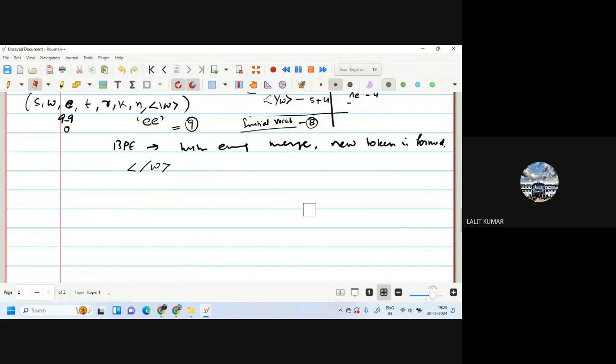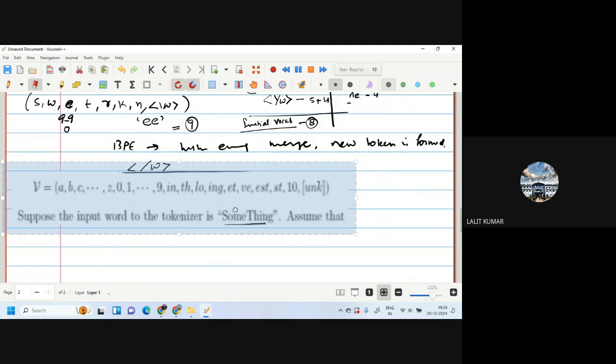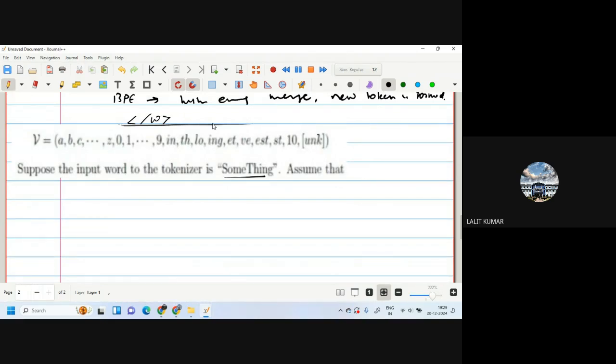Okay, now we see the steps. How do we do it? So what happens? It happens in iterations, in passes. So first we break the word into all the characters. Now this will pass through this vocab.